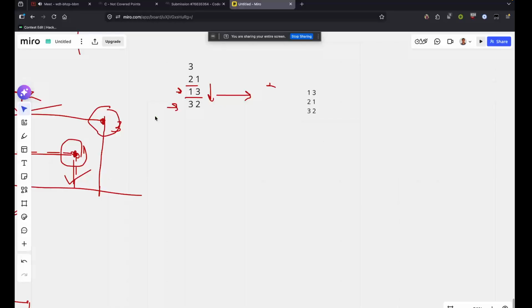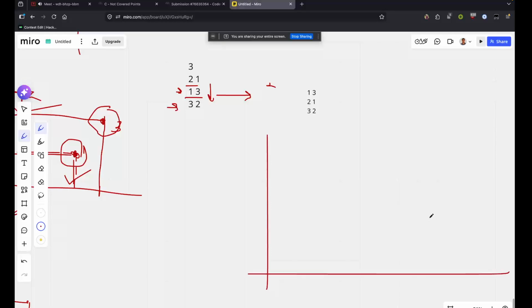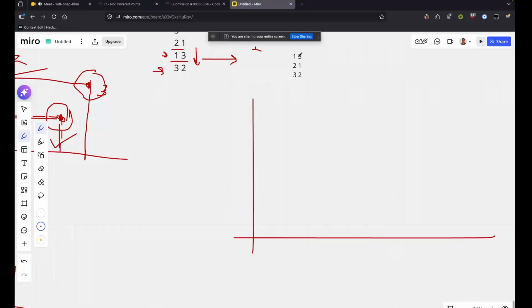Now, if I draw the vectors, as our x coordinate is in sorted order, we are sure that our next coordinate will always be on the right side, right? If I take 1 3 here, it will be present at this location.